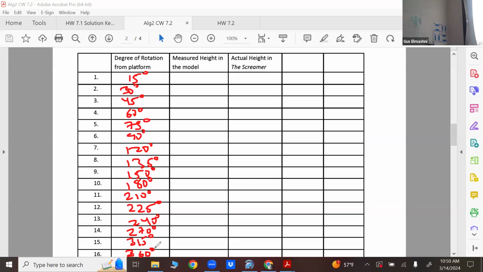Yeah, so what you want to do. One unit of 400 feet. So yes, you go through it.